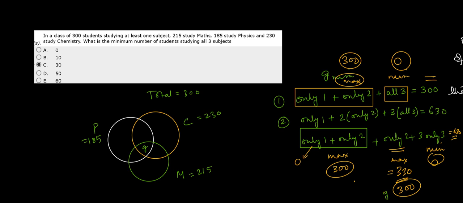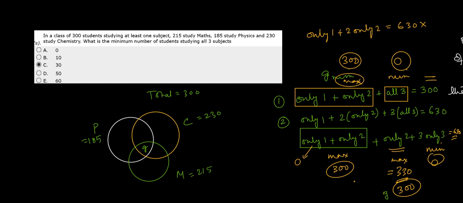So if I have to make only 1 plus twice only 2 as 630, this is not possible. That we've seen both ways. Clear?